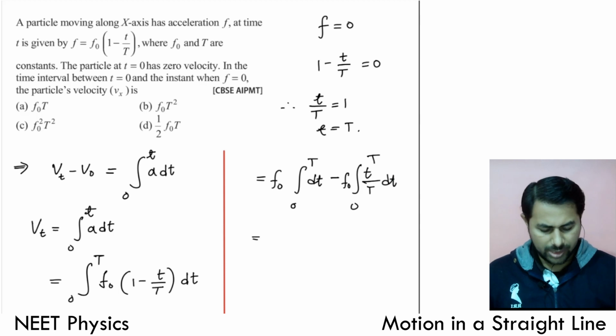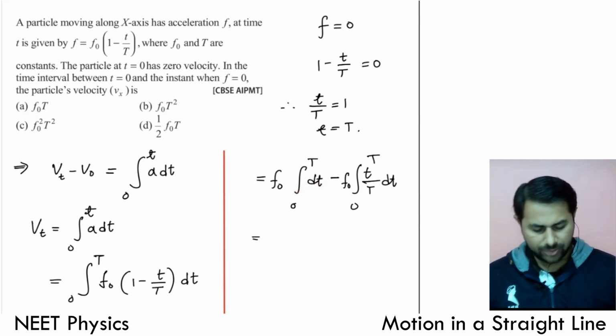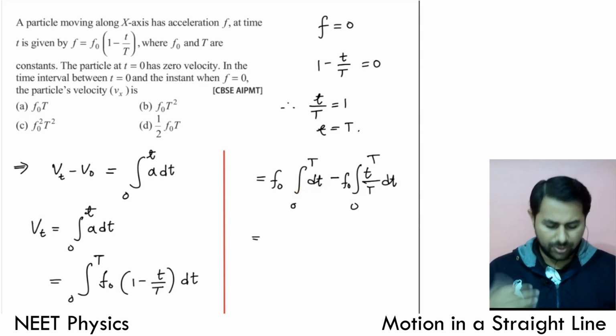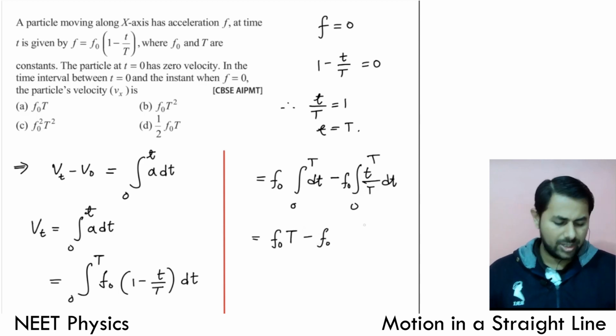Integration of dt is just t, and the lower limit is 0, so you just have to put the upper limit. So this is f naught times T minus f naught times the integration of t dt, which would be t square by 2.